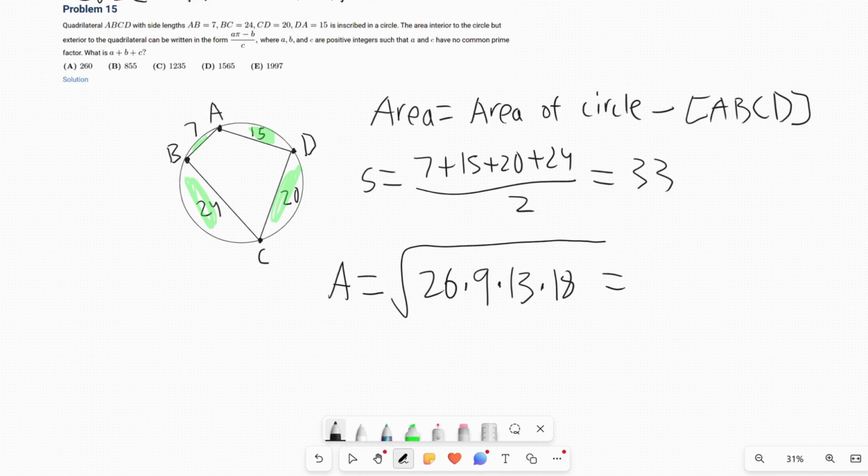We can rewrite this by distributing some things. 13 times 2 is 26, then we can just write the 9 out, 13, and then 9 times 2 is equal to 18.